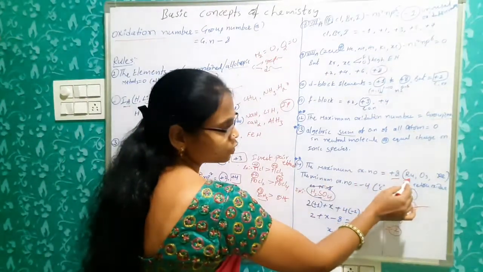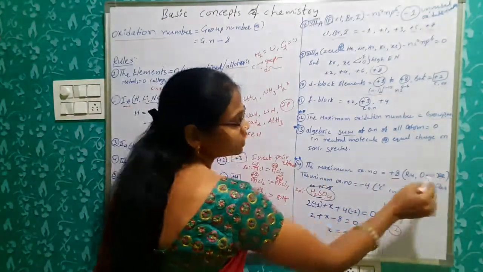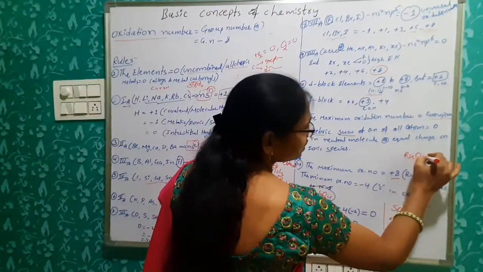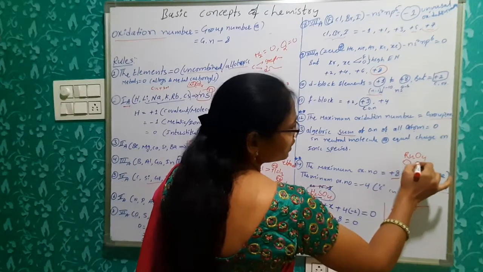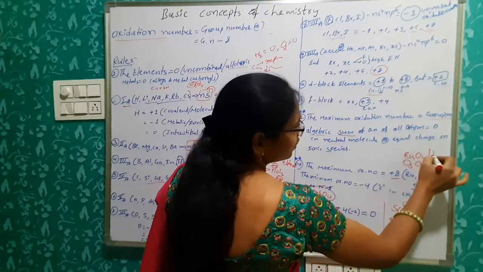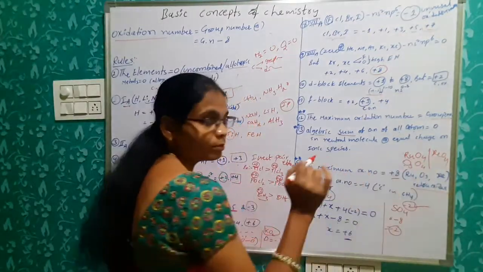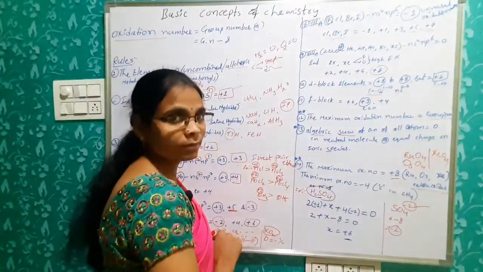Now the maximum oxidation number on the plus side in the whole periodic table is shown by ruthenium, osmium and xenon in their tetroxides, meaning ruthenium tetroxide, osmium tetroxide, xenon tetroxide. In these compounds they show +8 oxidation number.